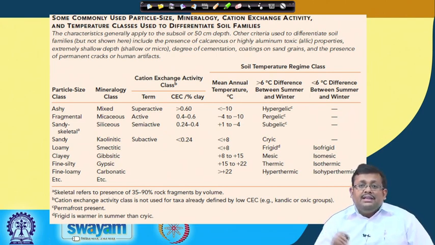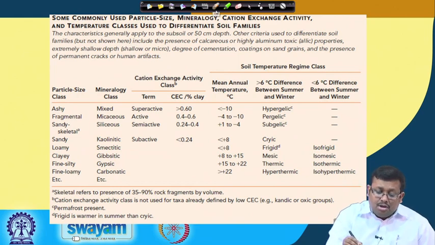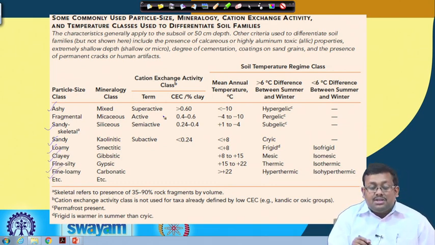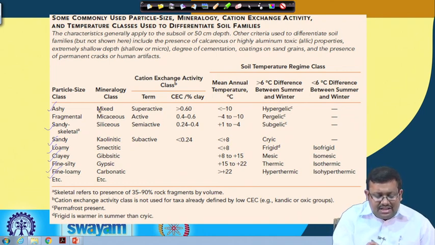When we are defining the soil family based on particle size classes, you can see there are different classes like ashy, fragmental, sandy-skeletal, sandy, loamy, clayey, fine-silty, and fine-loamy. Based on the mineralogy class, there are mixed, micaceous, and siliceous.